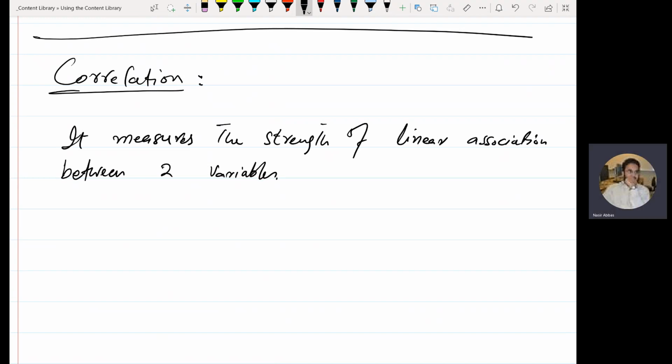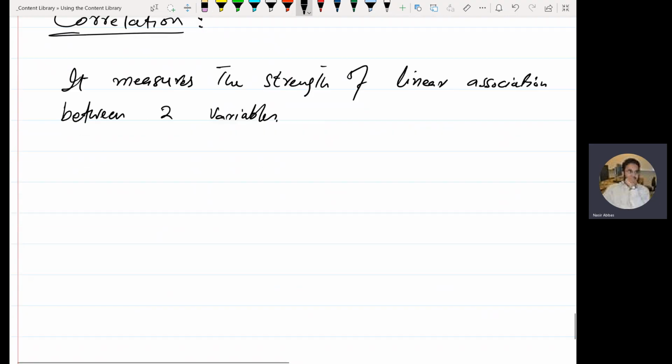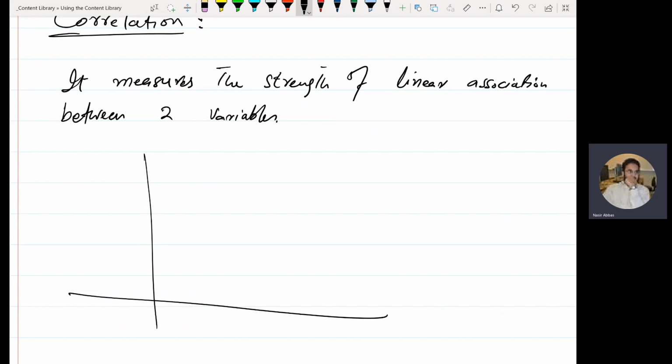We have talked about this thing already. It measures the strength of linear association between the two variables. Again, correlation coming out to be 0 doesn't mean they are not associated. They are not linearly associated. So if I have data something like this on x and y, I can guarantee you if you find the correlation of this data, it will come out to be 0.